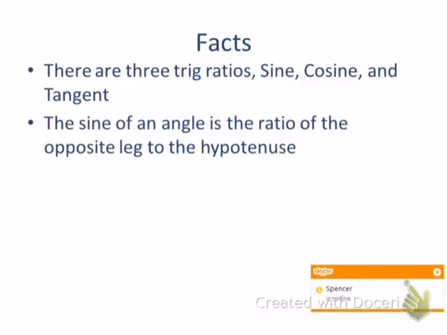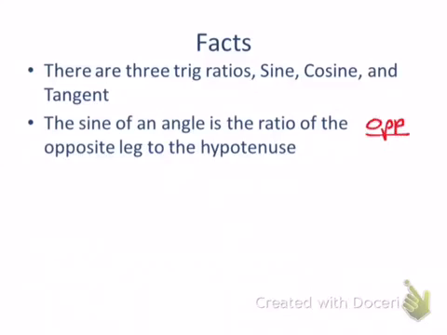The sine of an angle is the ratio of the opposite leg to the hypotenuse. Now, what is a ratio? It's a comparison of two numbers by division, right? So we could just write this as, sine equals the opposite over hypotenuse.